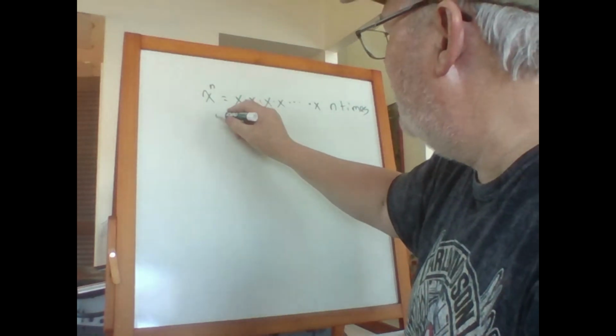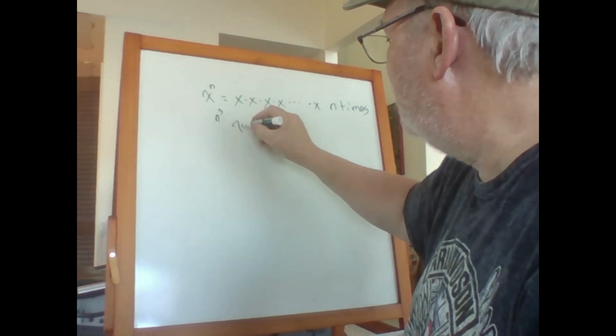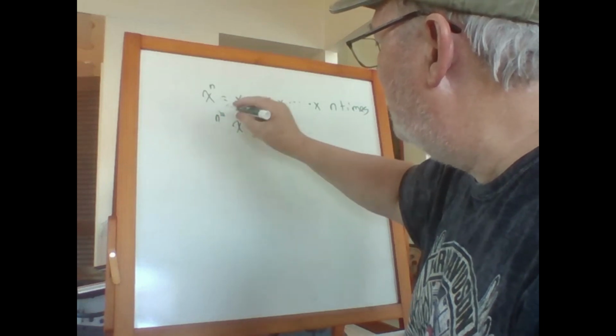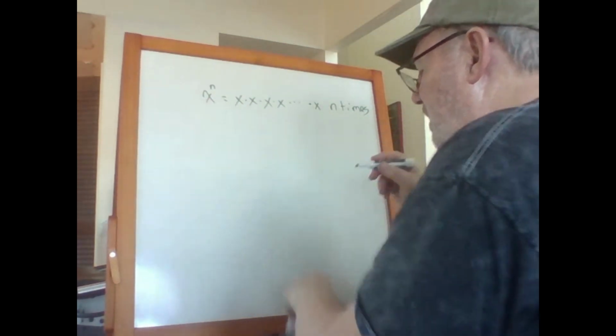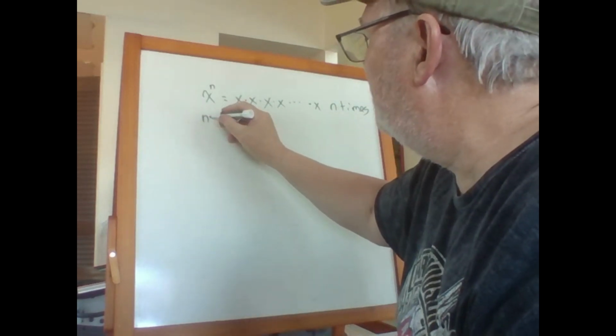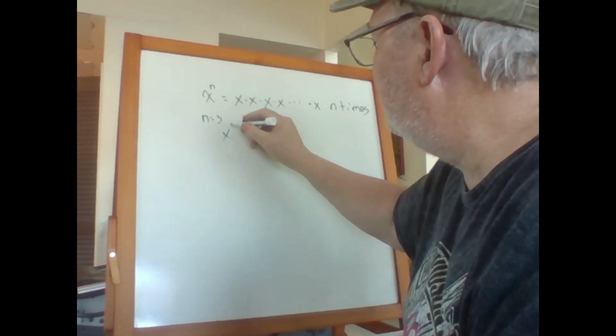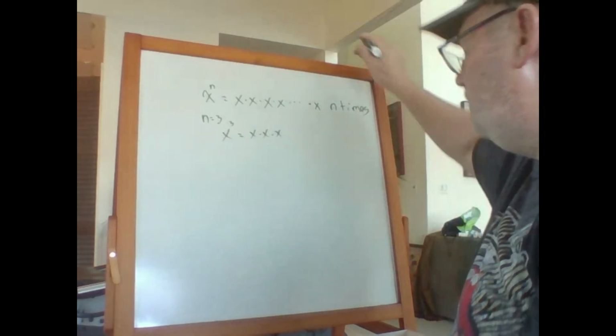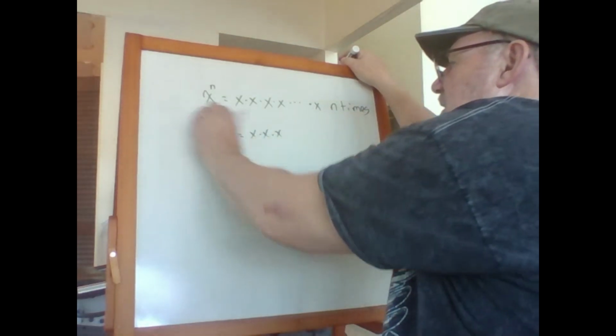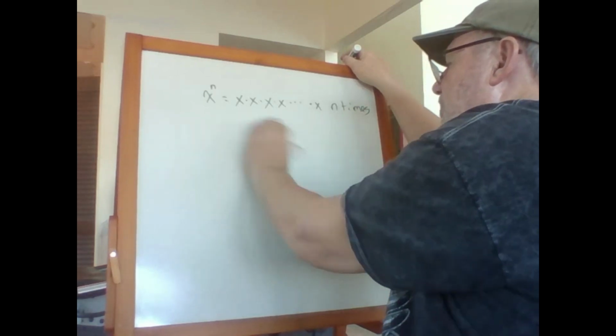So if n equals 3, x to the 3 equals x times x times x. So that's basically all that's saying. That's an important rule.